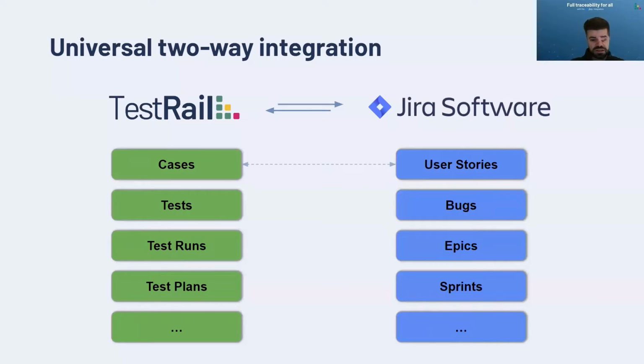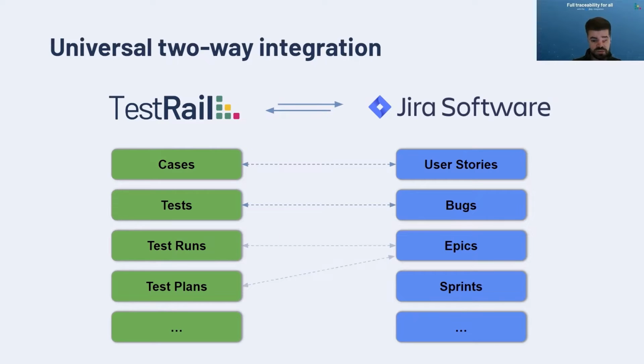For instance, cases relate to user stories because you want to cover user stories with cases. So you will see that from a coverage perspective. Tests relate to bugs because you generate bugs from the tests. So when you are submitting a test result, you are able to generate a bug which will be tied to that test. And when you see the bug on Jira, you can see the test result, you can see the steps, you can go back to the test on TestRail.